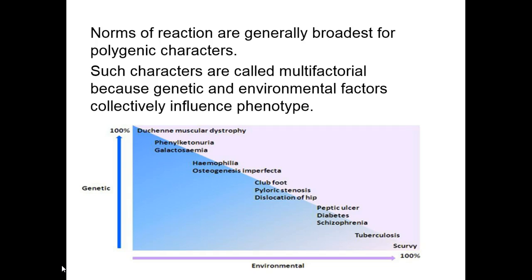It doesn't matter at all what the environment is. But if you go down here on the other side of the graph with a disease called scurvy, which we don't really have much experience with, but it's a lack of vitamin C, we think of that maybe as not even a genetic disorder. We think of it as so far from a genetic disorder that it actually is environmental. It's a matter of not having enough vitamin C at all. And so you have some variety with regard to how much a disorder is going to be expressed based on environmental factors.